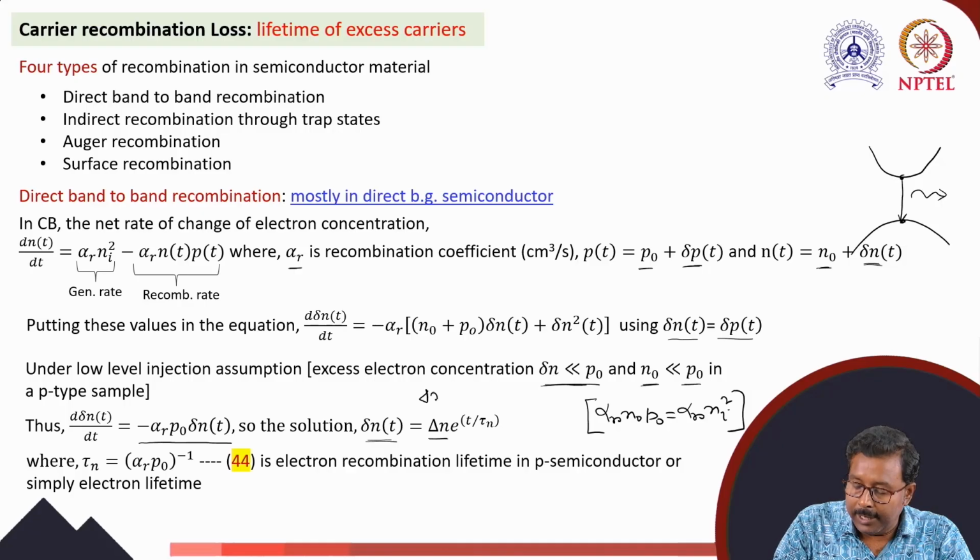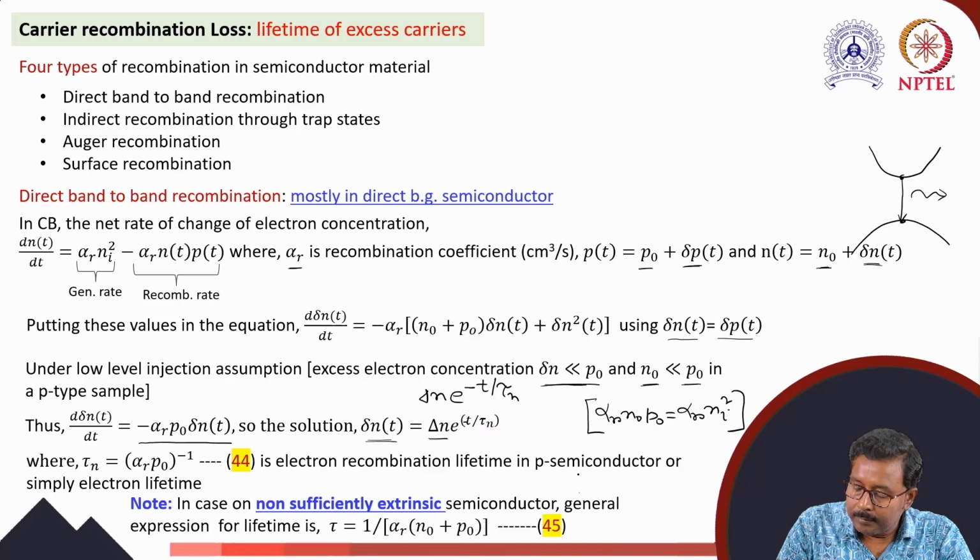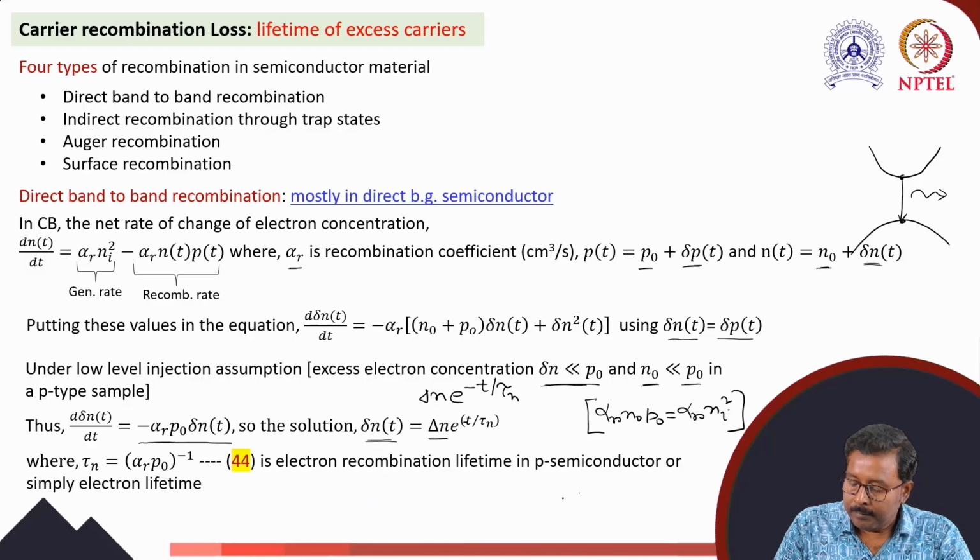So delta n e to the power minus t by tau_n. Tau_n is nothing but the carrier lifetime.